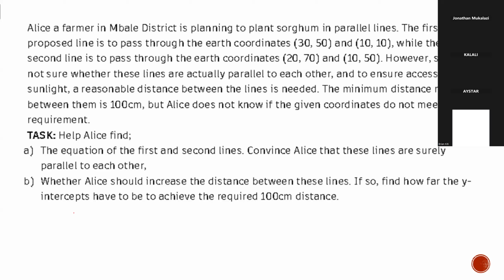Okay, so we have a line that goes through (30, 50) and (10, 10). You write this information here.